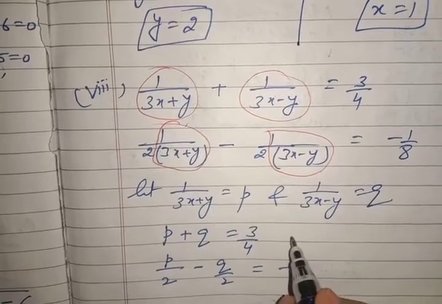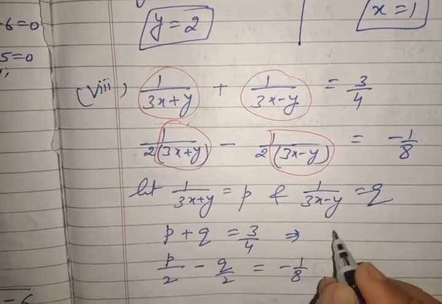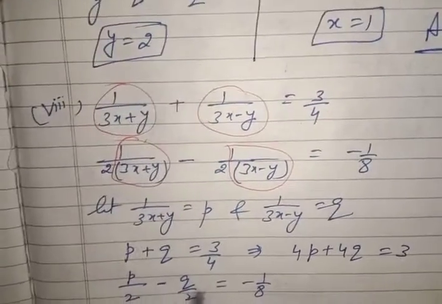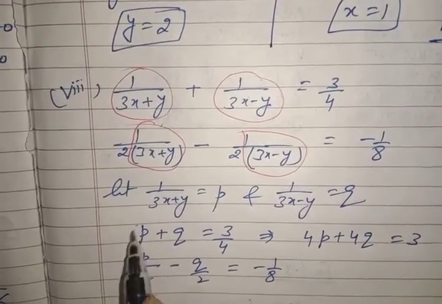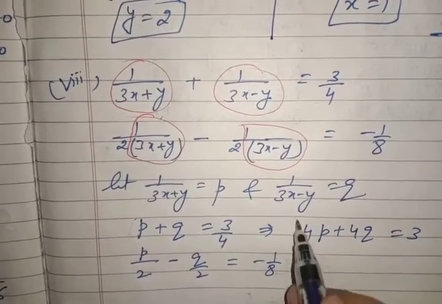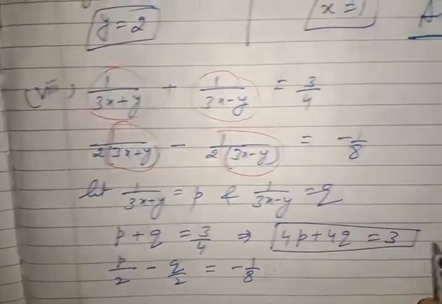And we need to solve these equations. This will be 4p plus 4q is equal to 3. After shifting, this 4 will get multiplied with these two, and this will be 4p plus 4q is equal to 3. This is our first equation.